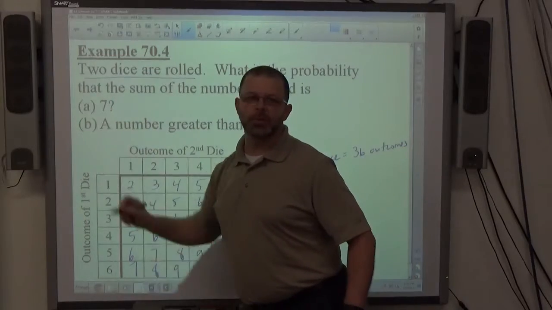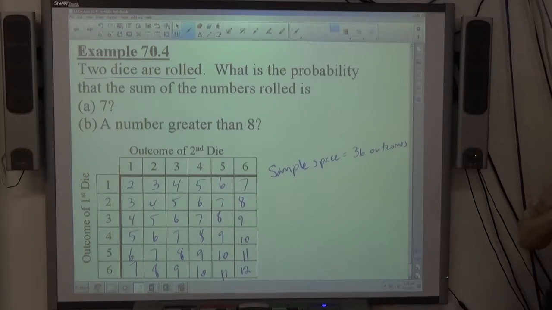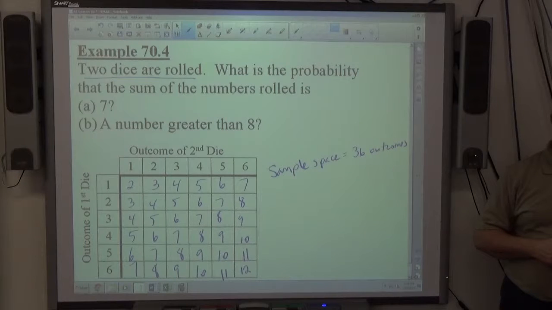Anytime you're doing a 2 dice roll, there's 36 outcomes. If you roll 3 dice, there's 216 outcomes. They go all the way from 3 through 18. If you roll 4 dice, there are 1,296 outcomes. 5 dice, hard to multiply in my head, about 7,700 and something outcomes.